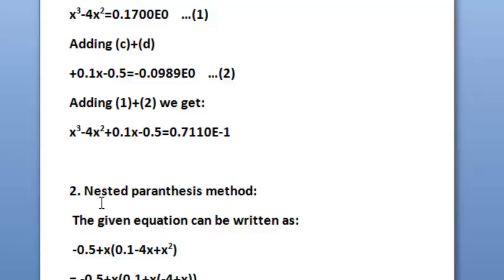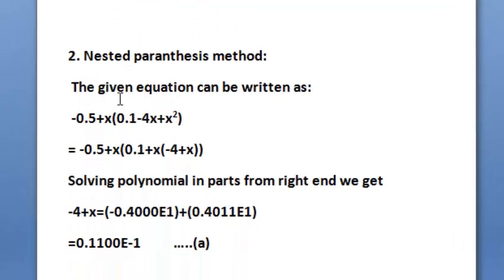Now using the nested parenthesis method, the given equation can be written in the form: minus 0.5 plus x into (0.5 minus 4x plus x square), or simplified as minus 0.5 plus x into (0.1 plus x into (minus 4 plus x)).